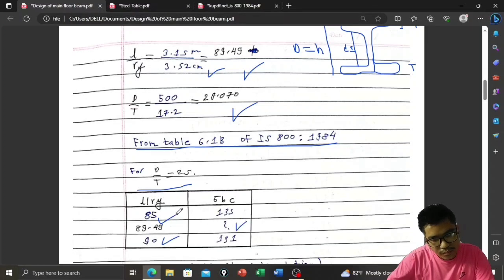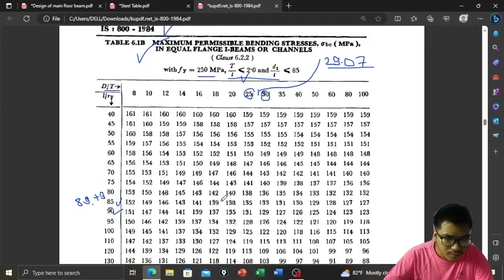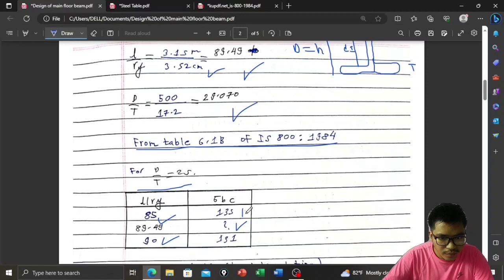For 85 and 90, sigma BC we have to calculate, for 250: 135 and 131 for 25.